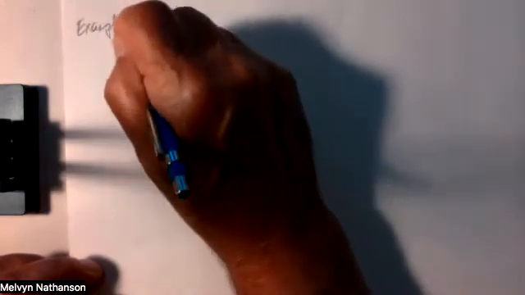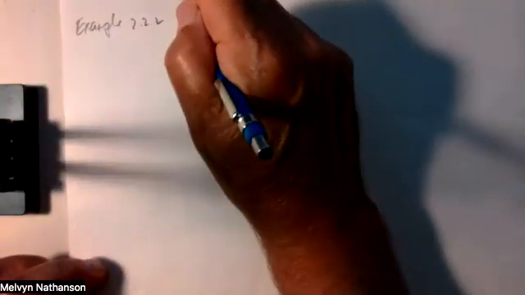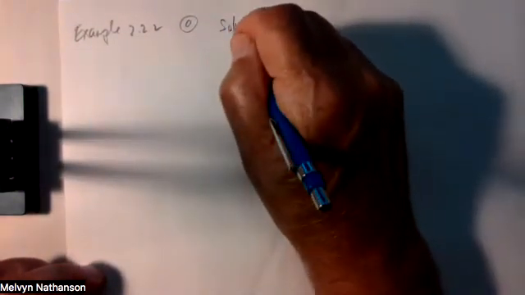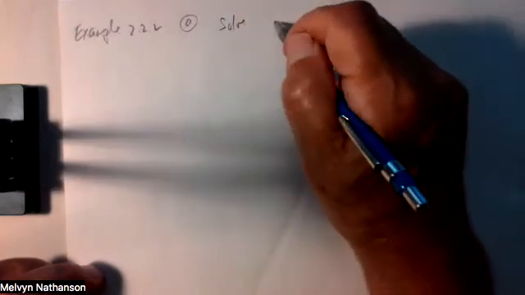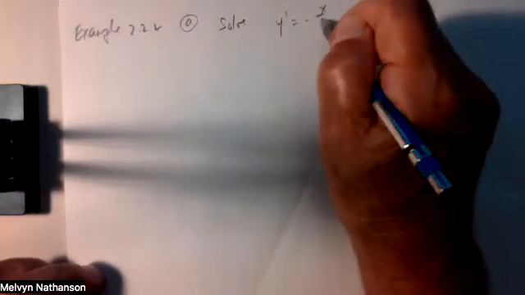So let's go to the next example, which is example 2.2.2. So this problem has three parts. First is to solve the equation y prime equals minus x over y.